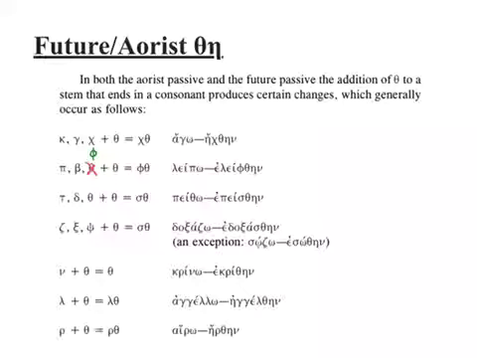I'll go back to this slide. Because there's a theta, and this applies to future also, the same kind of rule as with the sigma added to it, you'll see changes that happen.